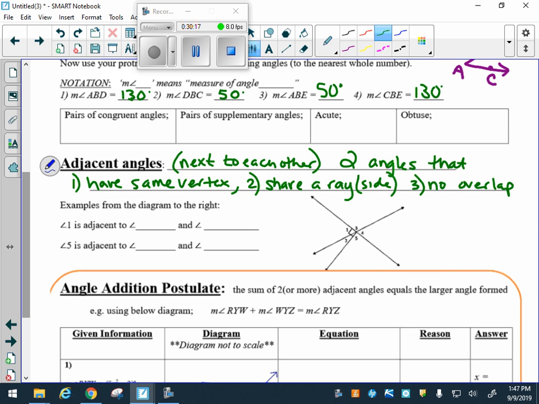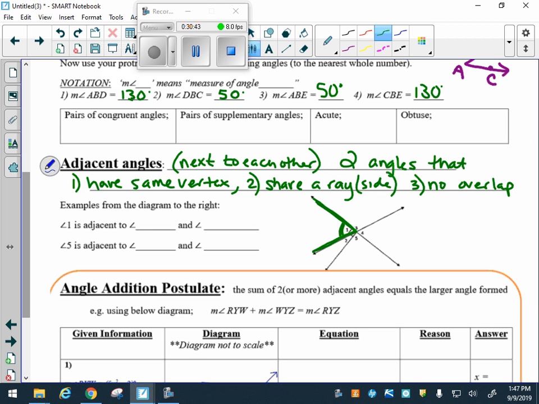Okay? So if we take these examples, here's angle 1. What are the two adjacent angles to angle 1? The two next door neighbors. If we take this angle 1, if this is the fence, what angle is the neighbor? 3.